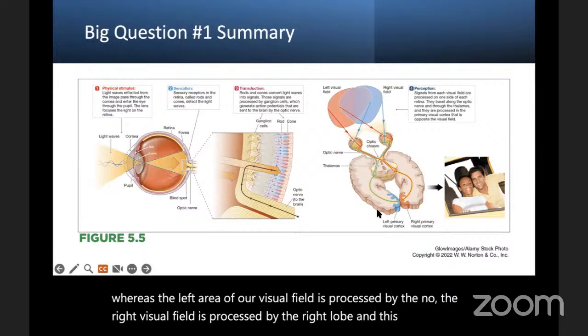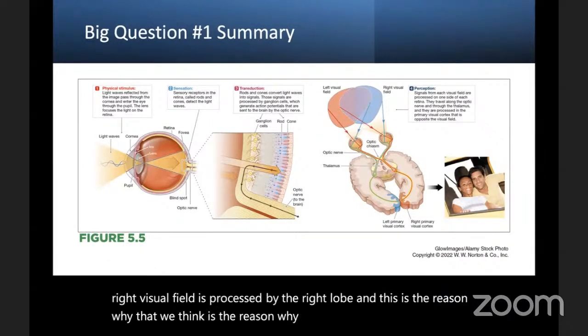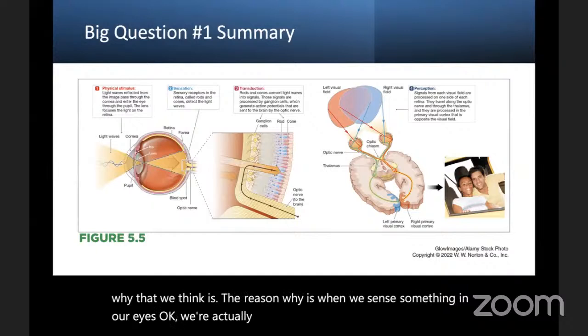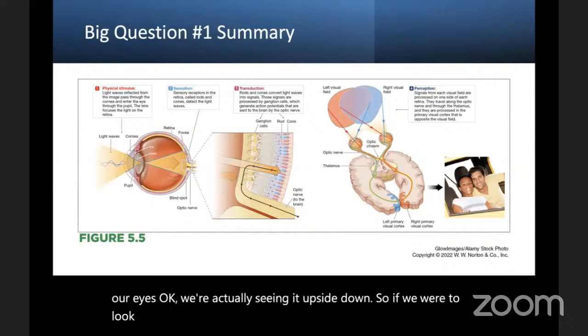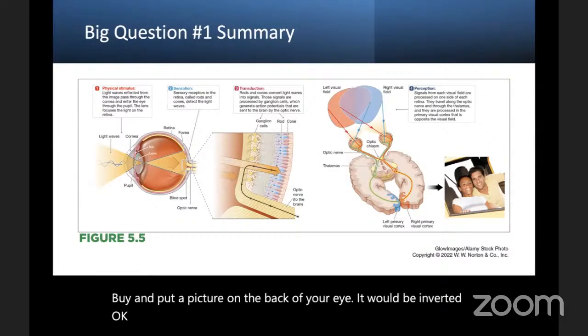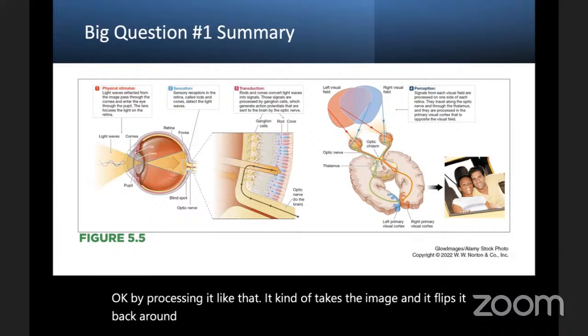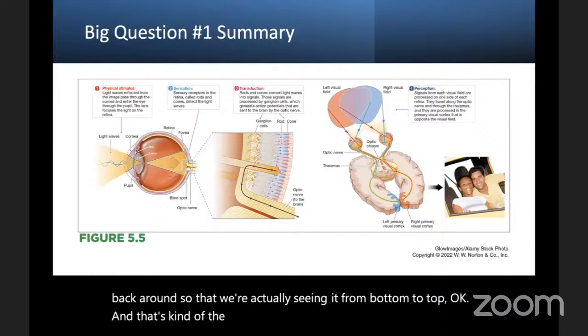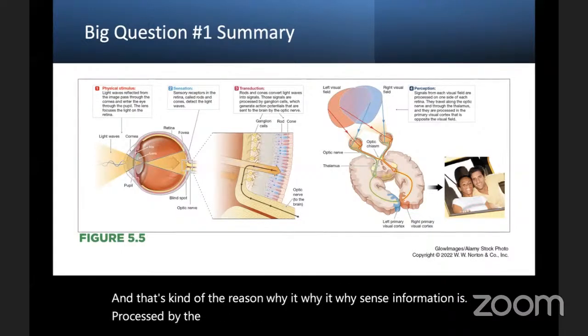And this is the reason why, we think, is when we sense something in our eyes, okay, we're actually seeing it upside down. So if we were to look inside your eye and put a picture on the back of your eye, it would be inverted, okay? By processing it like that, it takes the image and flips it back around so that we're actually seeing it right side up, okay? And that's kind of the reason why sensory information is processed by the opposite side of the occipital lobe, okay?